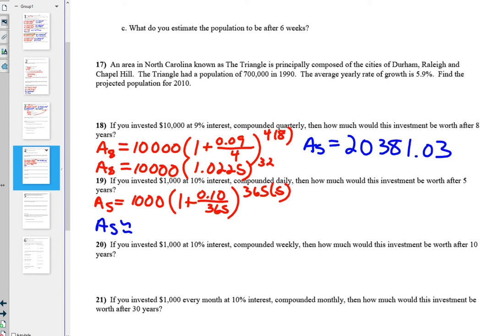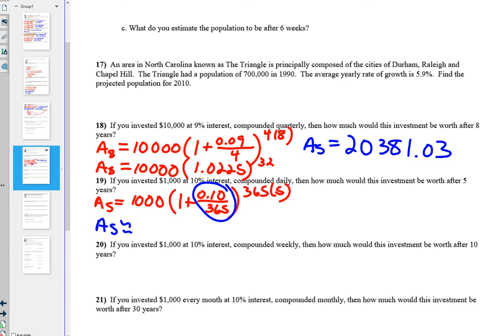So 1,000 times 1 plus 0.1 divided by 365. I like to tell my calculator the order of operations when there are this many steps. So first I did this in the calculator, then I'll put plus 1, then I'll put the power, that comes next in order of operations. So to the power of, and then I'll use the parentheses, 365 times 5, and then times 1,000.